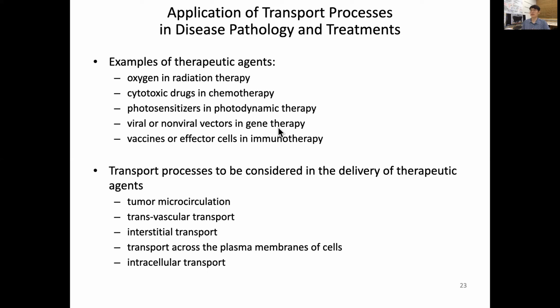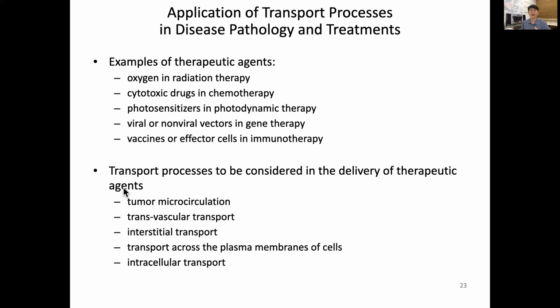Or in gene therapy, viral or non-viral vectors have to be delivered to those problematic cells which need a genetic modification. So this delivery is again an issue. And in immunotherapy, a vaccine or effector cell delivery to the right location would be an issue.